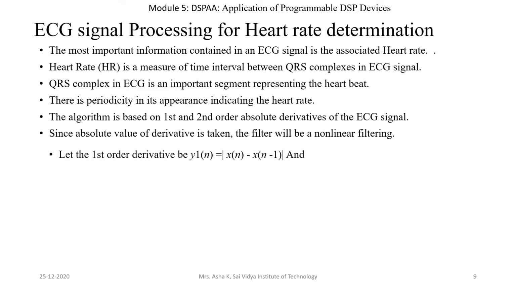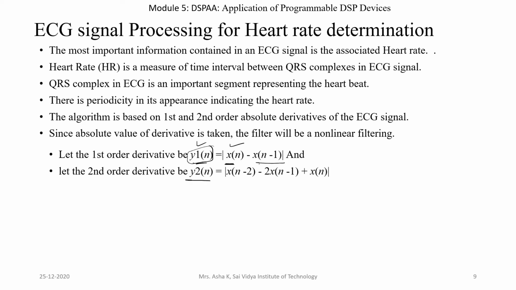Let us consider the first order derivative: y1 of n is equal to the magnitude of x of n minus x of n minus 1, where x of n refers to the ECG signal sample and y1 of n refers to the absolute value of the first derivative. Similarly, we can calculate the second order derivative, called y2 of n.